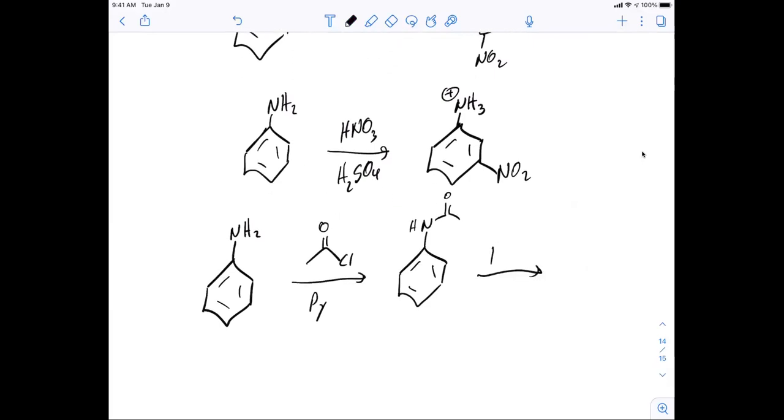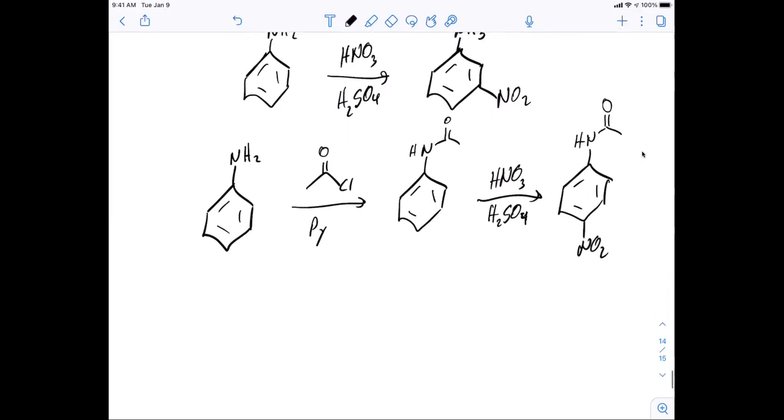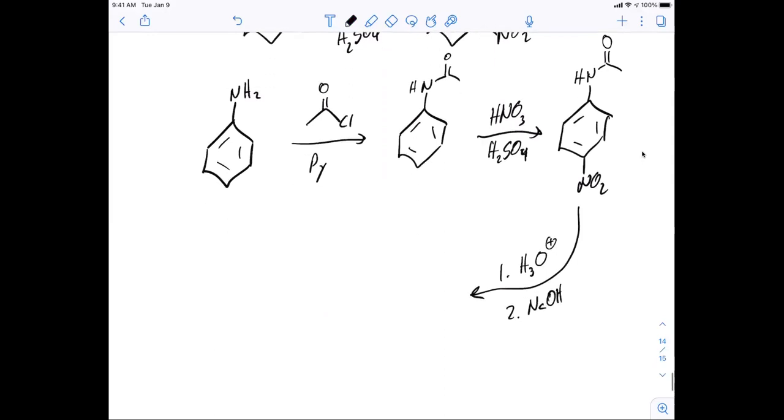So now when I do my nitric acid, sulfuric acid, I can get the para. And then I just need to hydrolyze that off, and then follow up with a mild base.